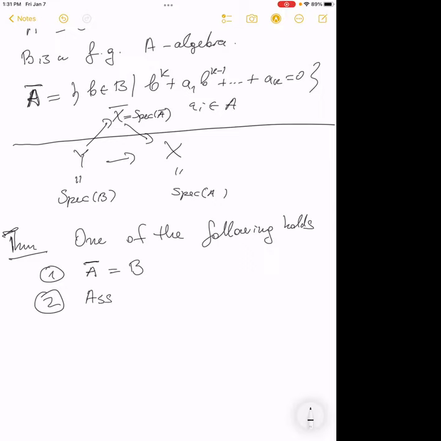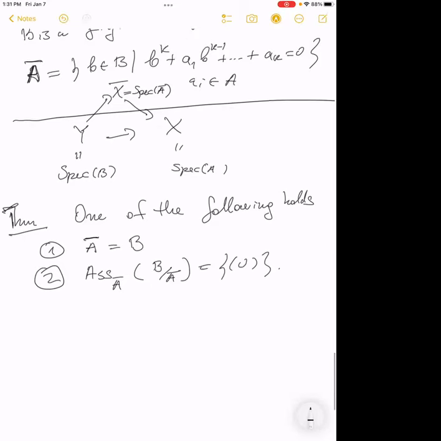It's the set of associated primes of B divided by A bar is equal to 0. No other associated primes. And this, what I described, happens in this case. So these are two extreme cases.